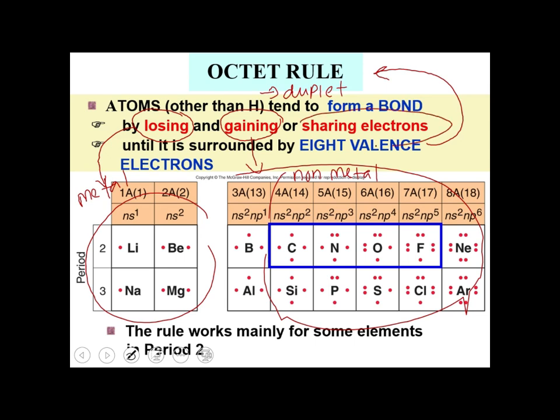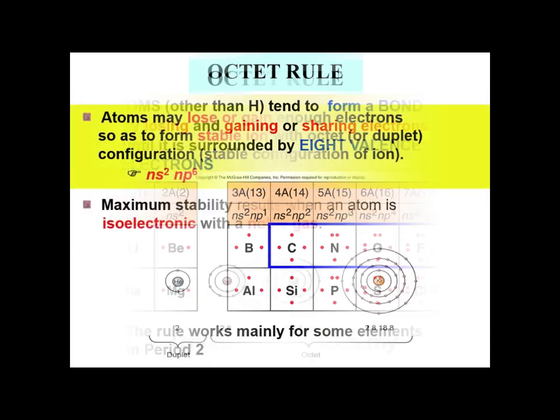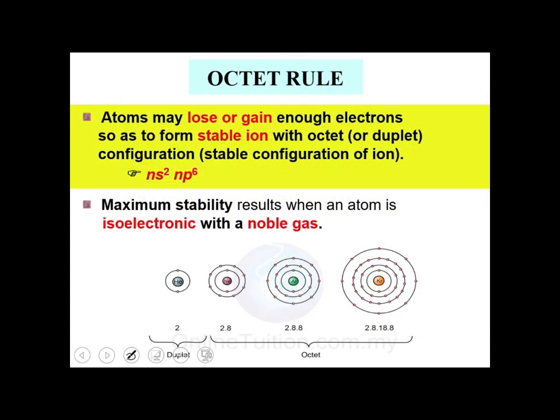What about sharing? Sharing usually only involves non-metals only. There are exceptions for sharing. So the first one, octet rule. Atoms may lose or gain or share electrons to form a stable ion, which obeys octet or duplet for hydrogen.